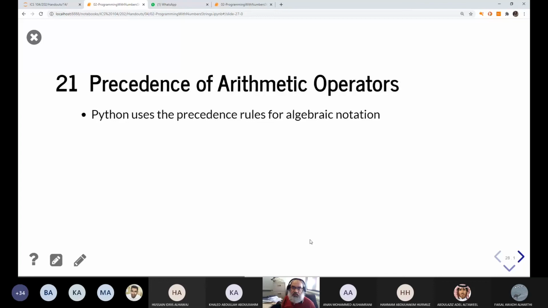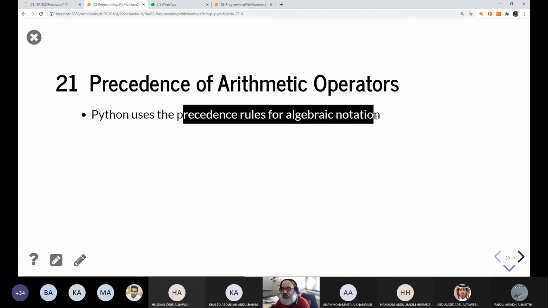Right. So, precedence of arithmetic operators. Python uses the precedence rules of algebraic notation, which are exactly the same as their counterparts in math.